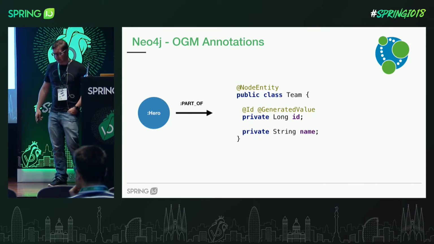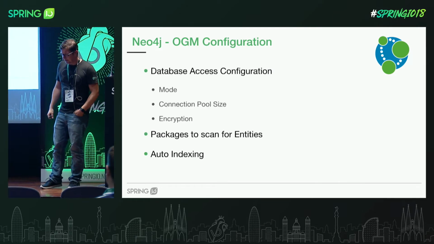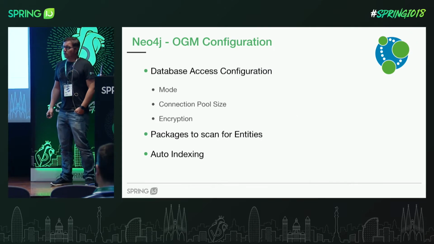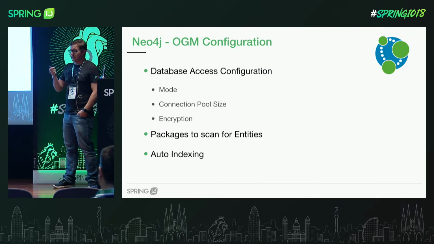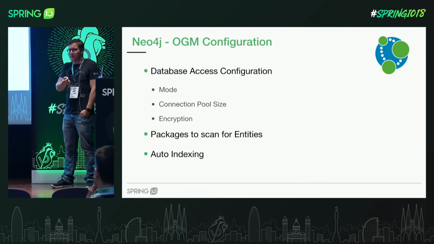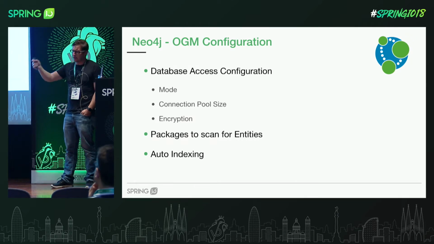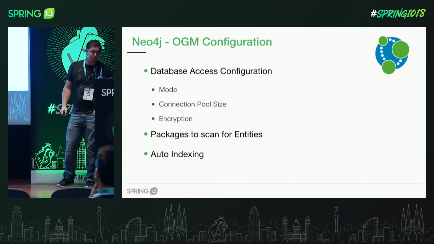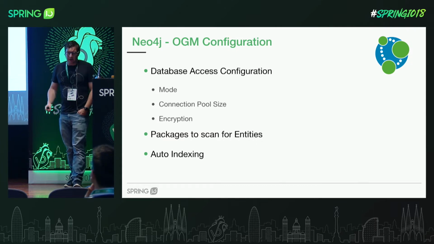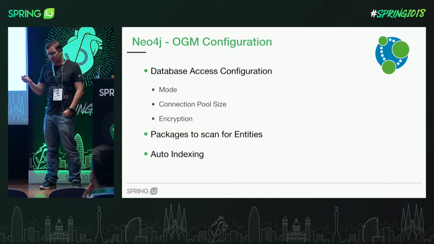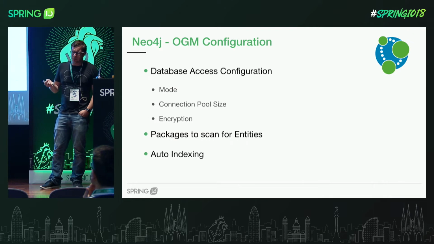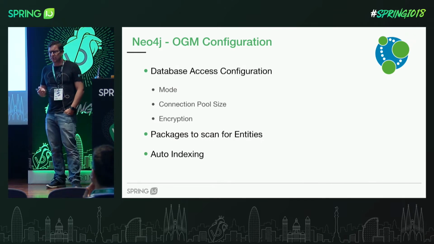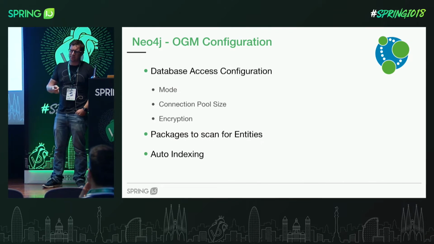So let me speak about the Neo4j configuration. Most of all, we have this data access configuration, like, hey, that's my username, that's the URL I want to connect to, etc. I select with the URL. It is a common way with the URL to define your connection mode. You do not have to tell OGM what you want to use.